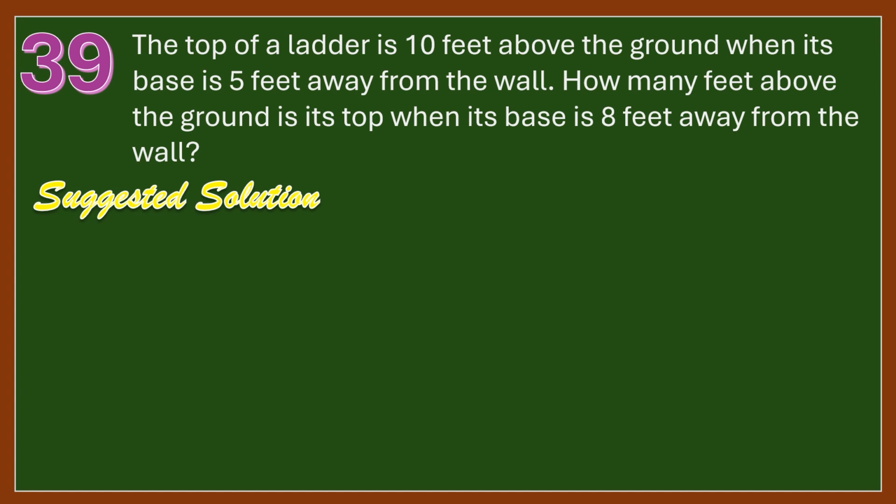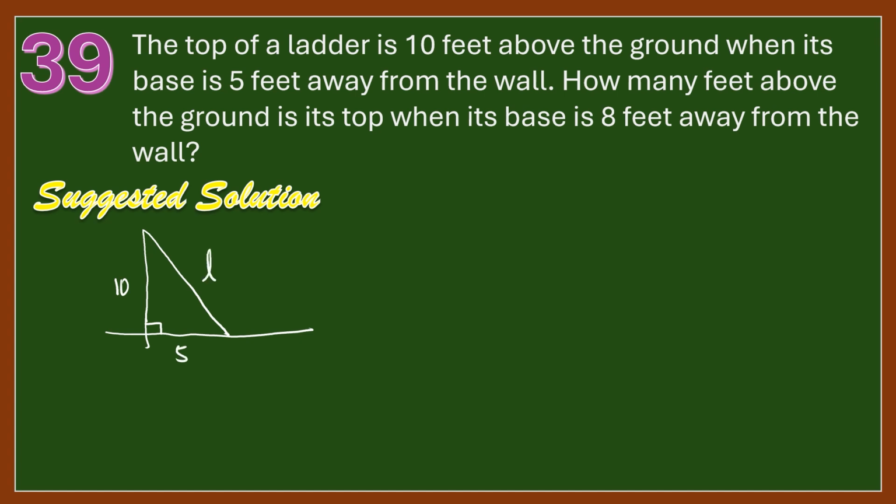Let us have scenario 1, where the ladder is 10 feet above the ground when its base is 5 feet away from the wall. So we have a right triangle. The wall is perpendicular to the ground. Then the ladder reaches 10 feet above the ground when it's 5 feet away from the wall.